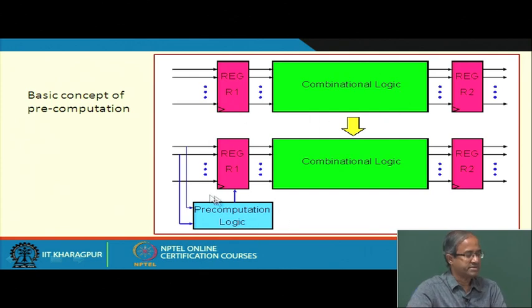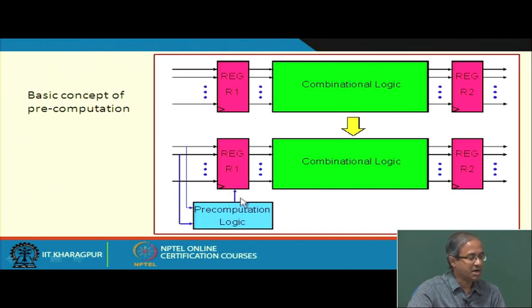Now, what we are doing here is that we are adding some extra logic. We are looking for some specific input patterns. This is our pre-computation logic. So, if some specific patterns are there, then we can disable the loading of the register, otherwise we load it as usual.